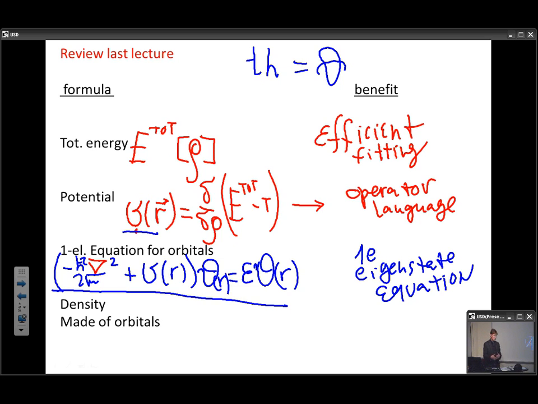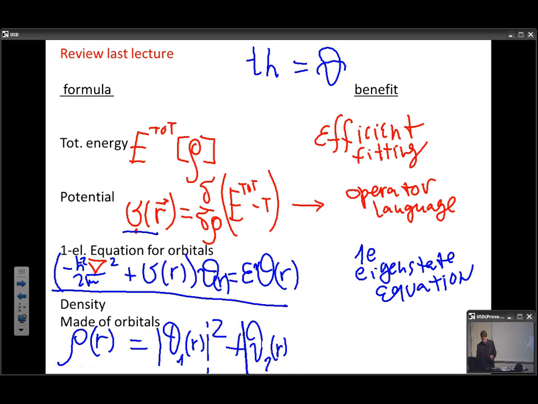Well, it is not really a discovery because it was made years ago by other people, but we found actually ourselves that the density, depending as a function of one independent variable, one position, representing all electrons, can be expressed as a summation of all these orbitals, absolute value squared, the second orbital, absolute value squared, plus as many orbitals as many electrons we have in the system.